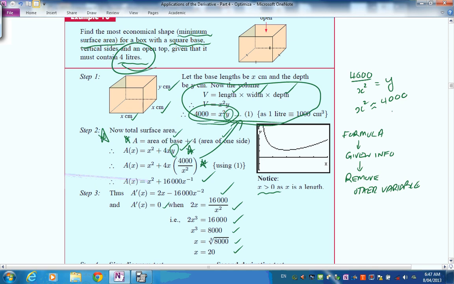That's an extreme situation. We could have y tending to 0, so that x could be huge. But let's just take that. With y as 1, x is approximately the square root of 4,000.